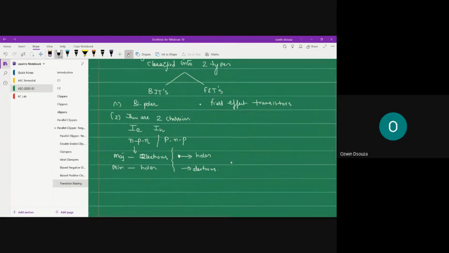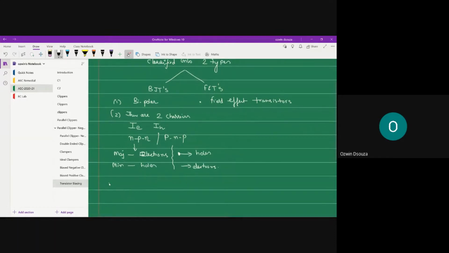Now, I can also bring one important aspect of BJT into your notice, that you can see that the currents are very, very important in case of BJT. So basically, BJT is a current controlled device.